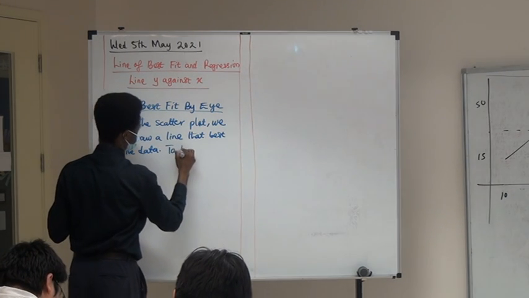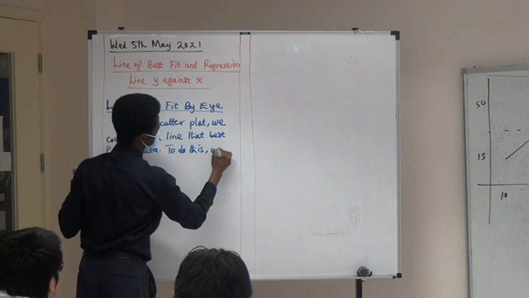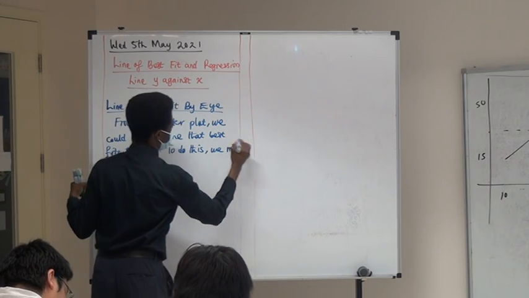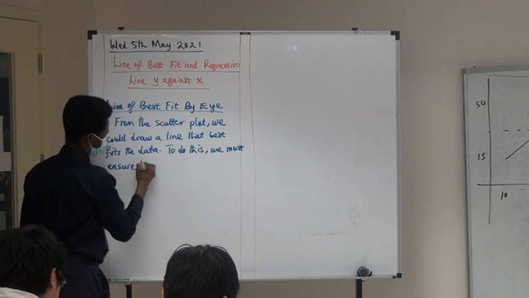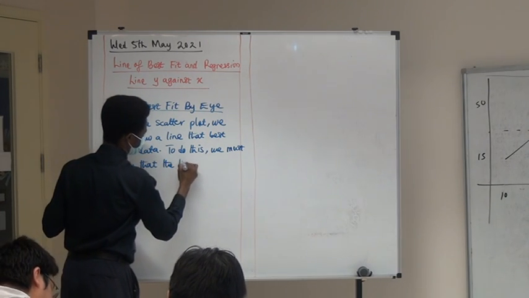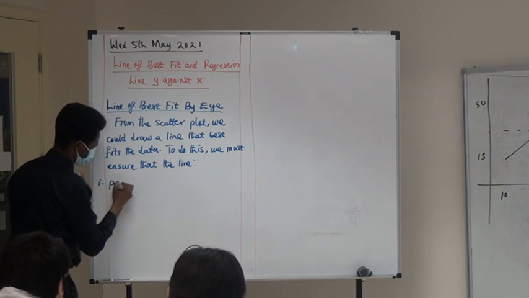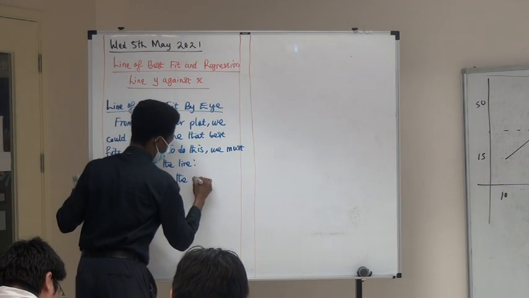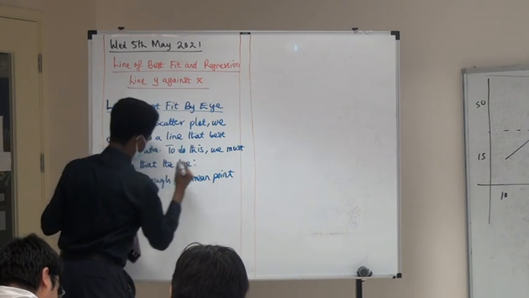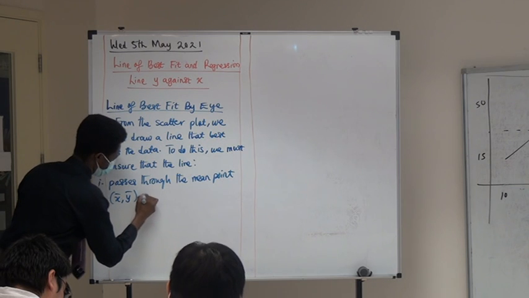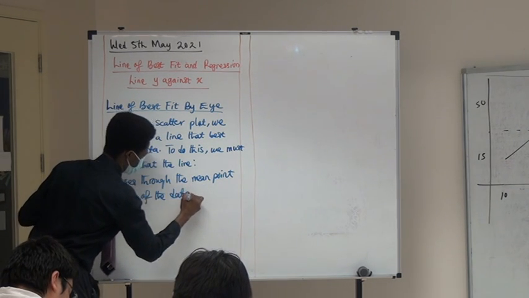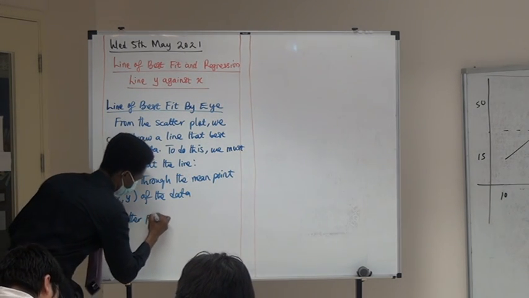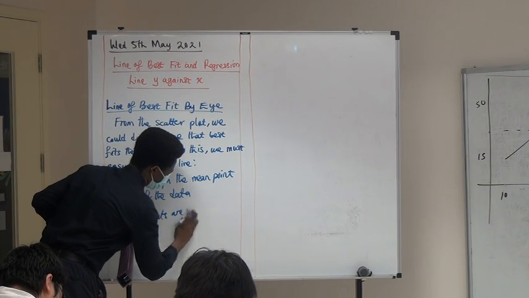To do this, we must show that the line passes through the mean point x bar, y bar of the data, and that all other points are evenly distributed.